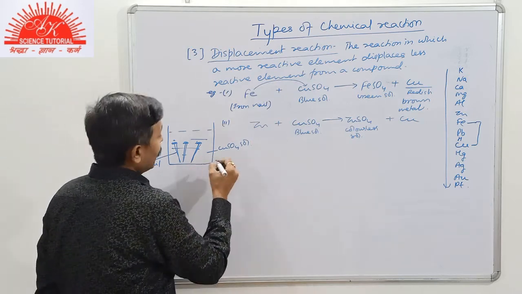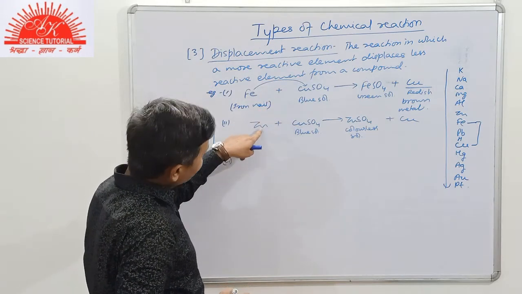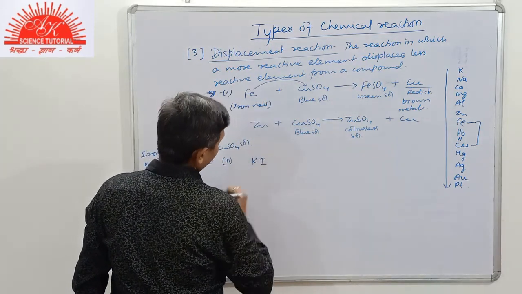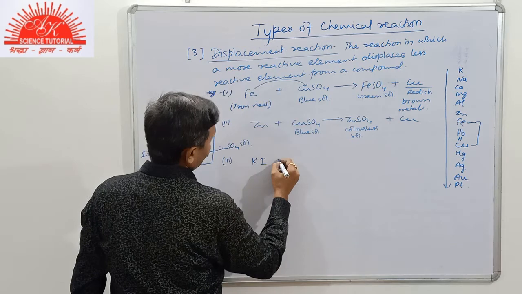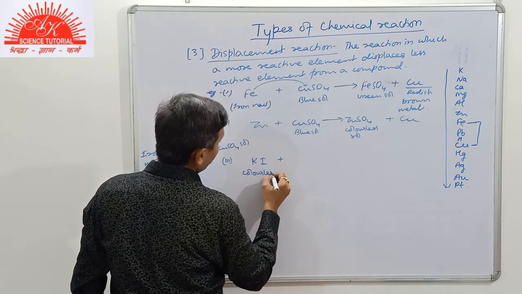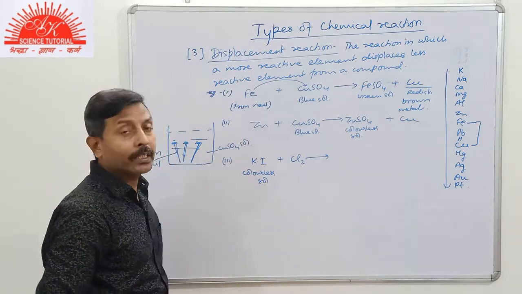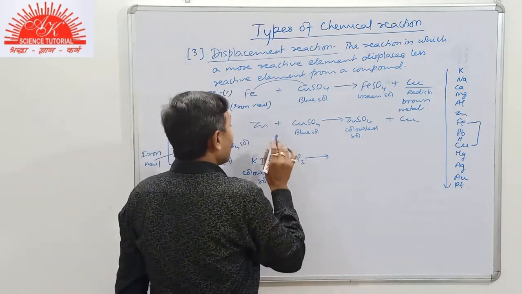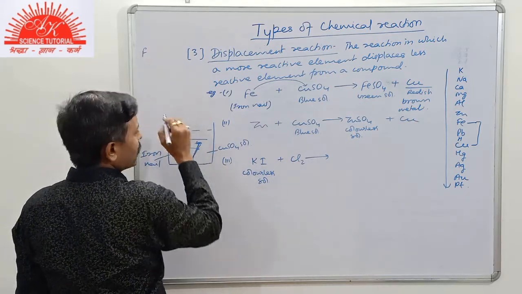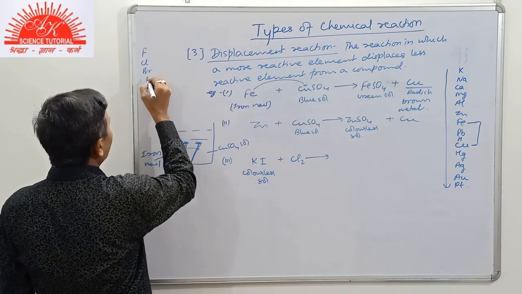So both of them are due to the displacement reaction. Now take another example. In these two reactions a metal is used to displace the less reactive metal, but this time we are using another type. Suppose this is potassium iodide, a colorless solution. Now when chlorine gas is passed through it, which is a greenish yellow colored acidic gas, then chlorine is more reactive than iodine, because if we write for halogens in nonmetals, then fluorine, chlorine, bromine, iodine.